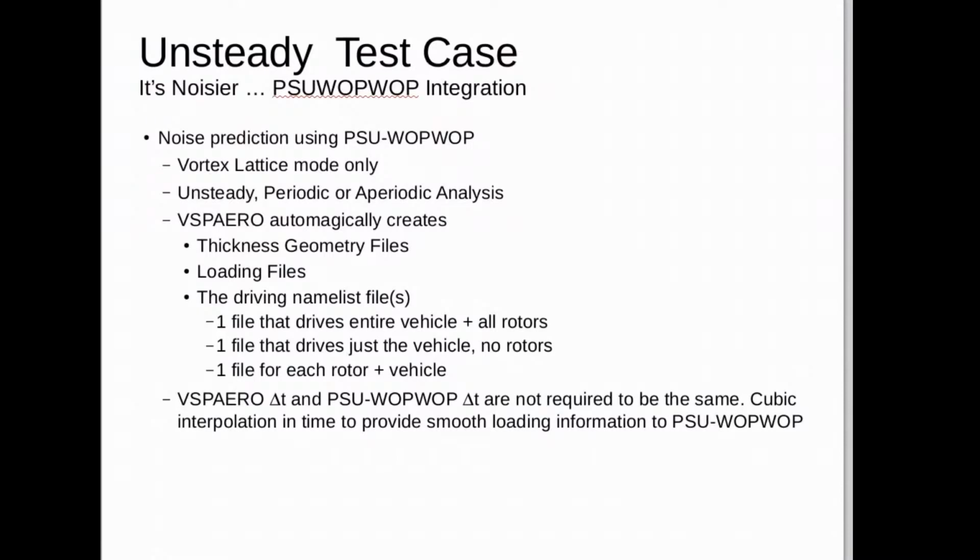It does a cubic interpolation in time through that unsteady analysis data saved to disk to generate the loading and geometry information, because obviously things like rotors are moving as a function of time. So it will output the unsteady geometry and the loading at a delta t that's appropriate for PSU WAP. And so those two delta t's don't need to be the same.